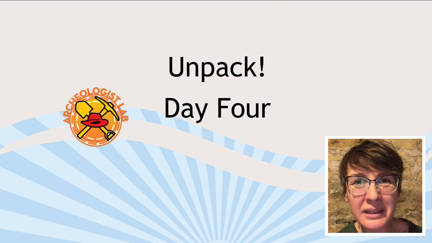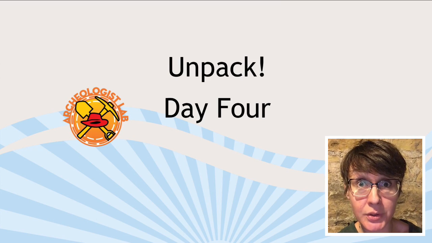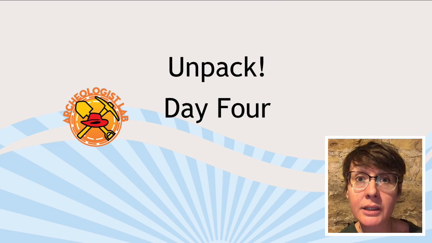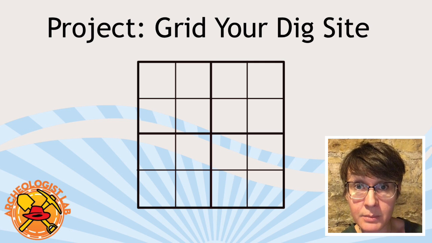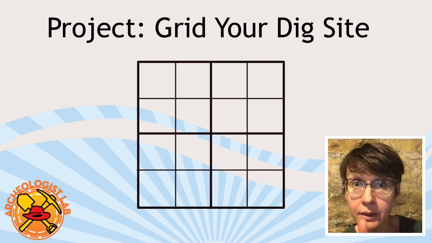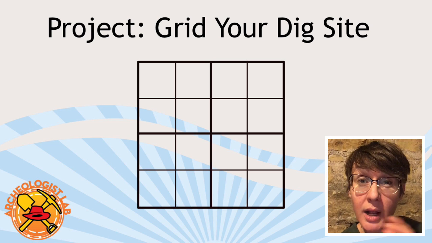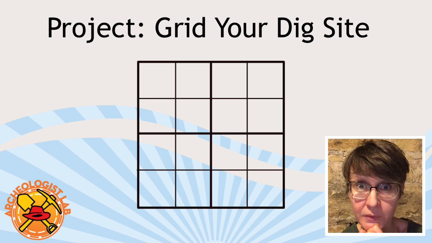Let's start from the beginning. What does it mean to grid your site? This is what you're going to do with your string, okay? You are going to take 4 pieces and lay them each parallel to one another with approximately 1 foot in between each string, okay?